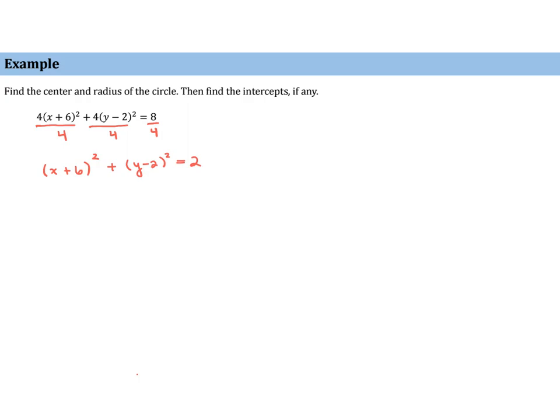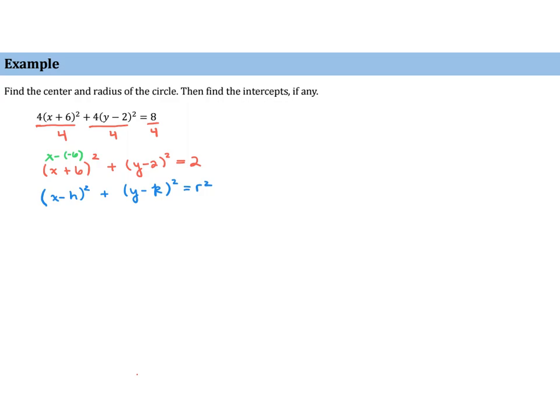So remember that the standard form of our equation of our circle is x minus h, quantity squared, plus y minus k, quantity squared, equals r squared. So what is being subtracted from x in order to get x plus 6? So that would be much like x minus -6, wouldn't it?